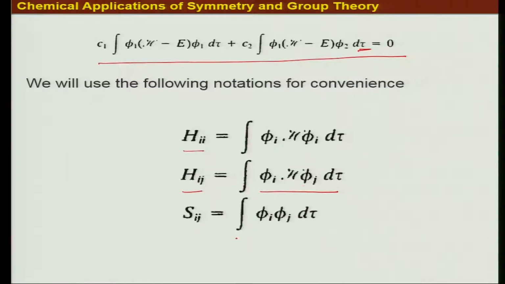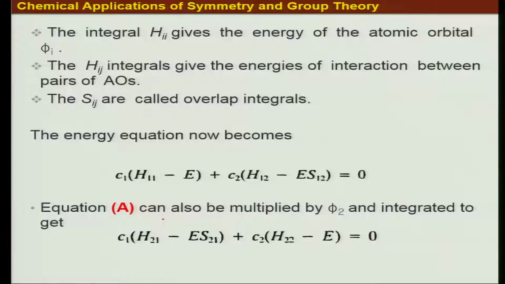And then there is another integral, the integration over d tau of the product of the two functions phi I and phi j, and that is given by Sij, and this Sij is known as the overlap integral. So here we explicitly say which particular integral gives what.